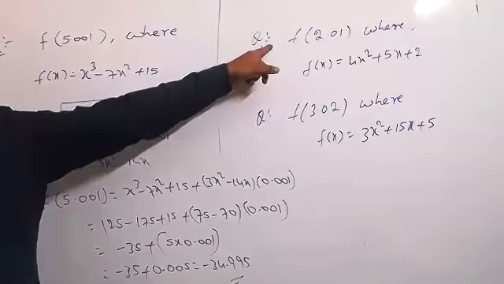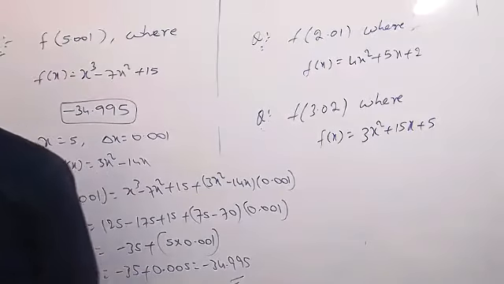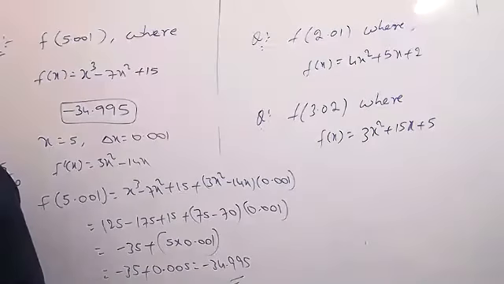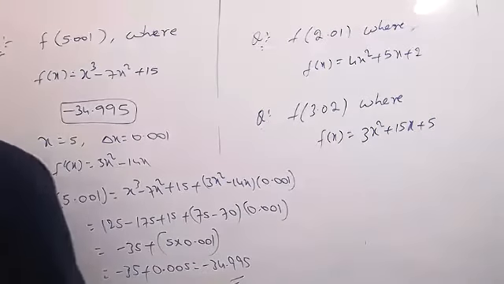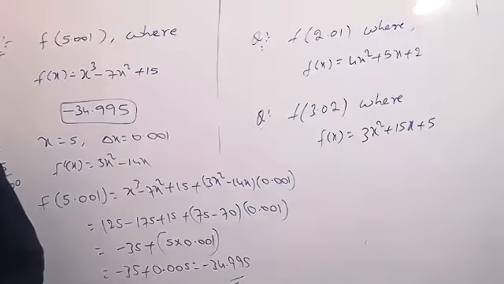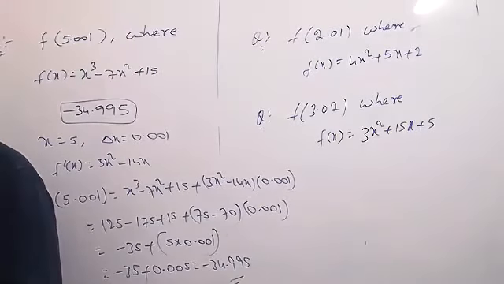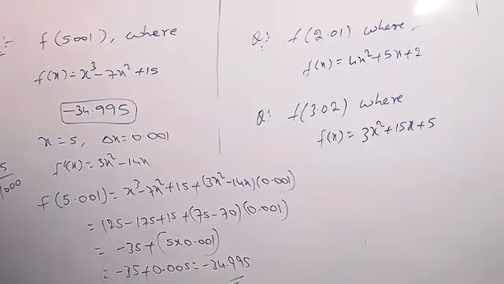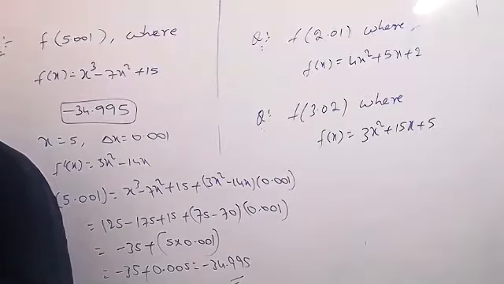Now try f of 3.02, where f of x equal to 3x square plus 15x plus 5. Sir, 77.66. Yes, very good, 77.66.